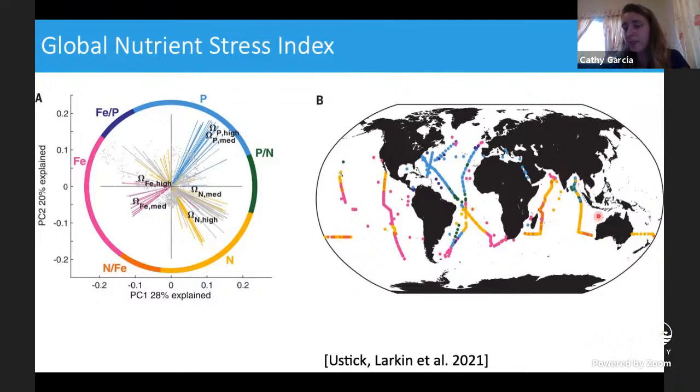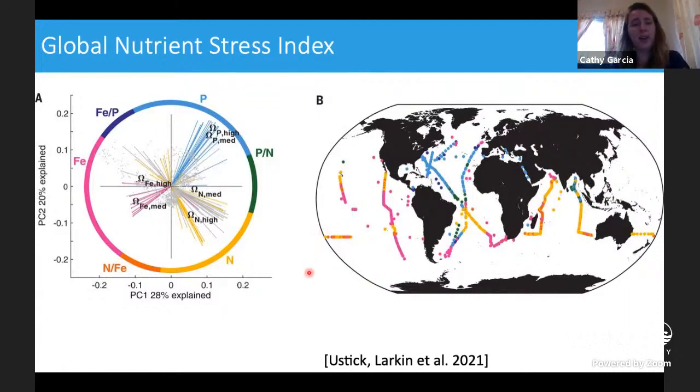So the observations that we had from the bottle incubation experiments and that study by Twining et al., we can see this shift in different limitation patterns in this Indian Ocean transect, as well as in other transects in the Pacific, Atlantic, and Indian Ocean.